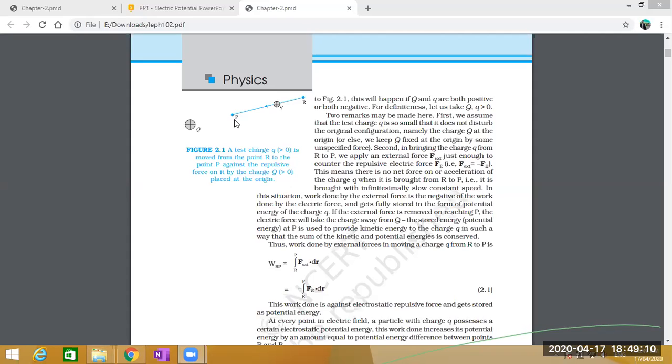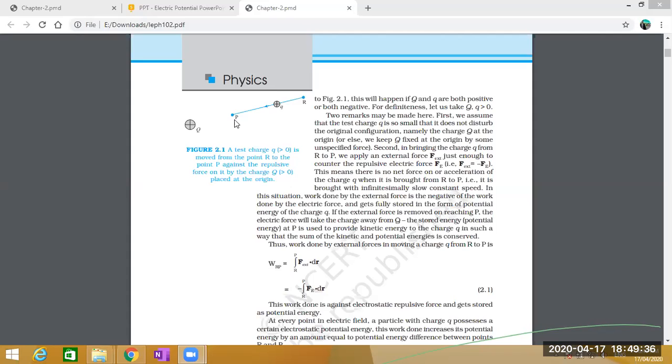Why? It means while you were taking the ball to that height, you have done work by your force, by applying muscular force. And where has that work gone? That work has transformed into a kind of energy that is stored in that ball.